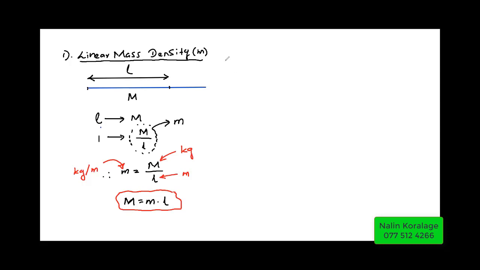Number 2 is going to be something called planar mass density, or sometimes we refer to that as the area density as well, and that symbol is called sigma. Planar, or sometimes we can just say area mass density.